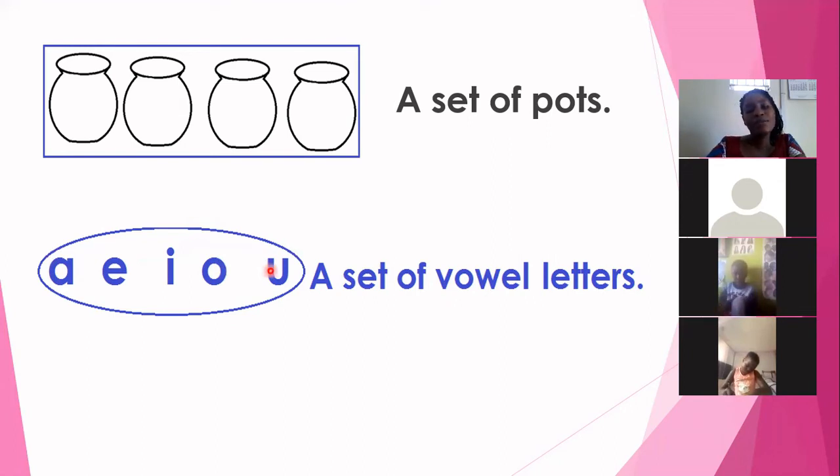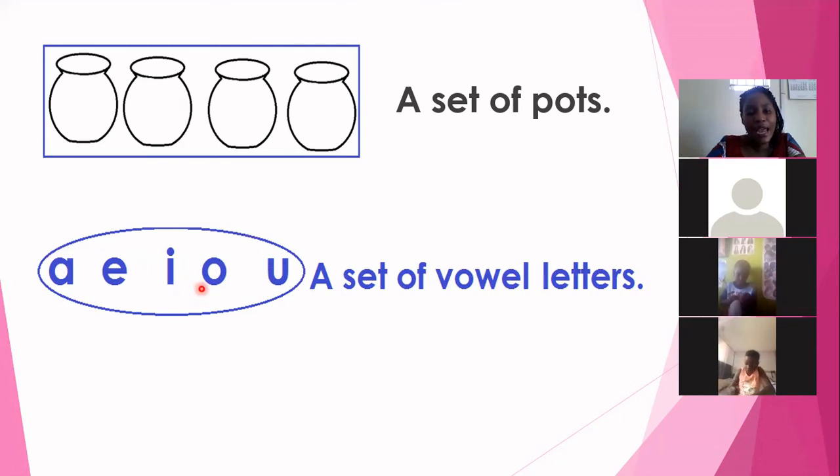We are not going to say that it is a set of, then we mention the letters. No, we are going to combine them together. They have a name, and that name is vowel letters. These letters here are called vowel letters.